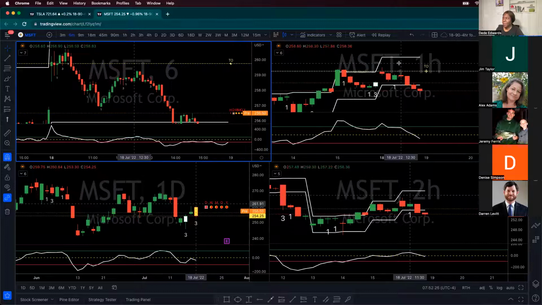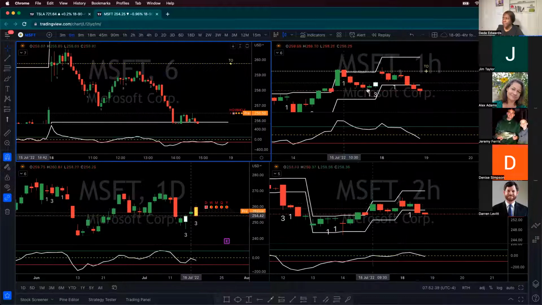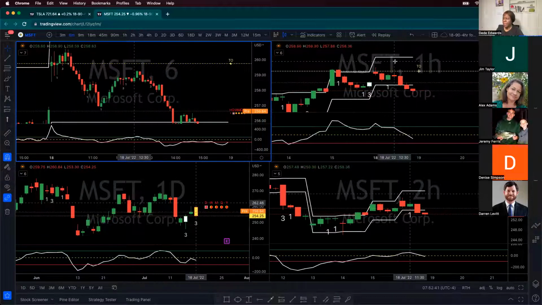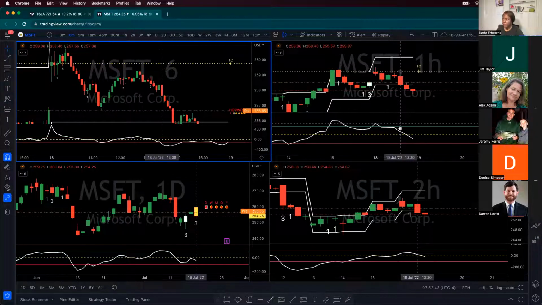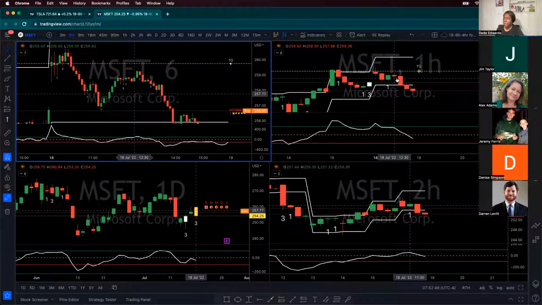If I see this move and I'm like, well, it's still in my buy zone, maybe it goes, maybe it doesn't, and I take this trade up and then it goes inside, and then the next candle it goes 2 down, crosses back over. And then what am I looking for? 1-2-2 rev strat.